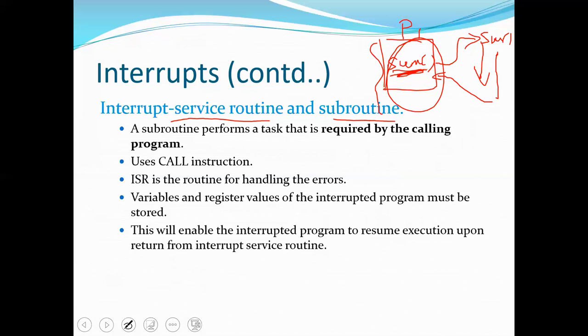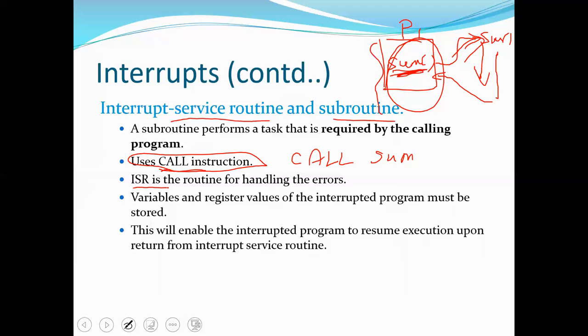Whereas in the case of an interrupt service routine, here this is in an assembly level language, you write call and the function name, so that it goes to this particular function. Whereas an interrupt service routine is error handling, and it is not expected beforehand by the programmer. It has suddenly, unexpectedly occurred.